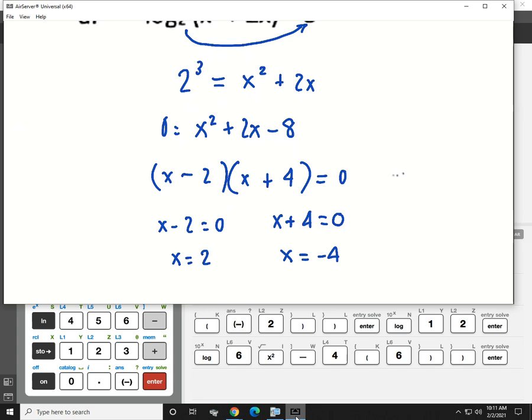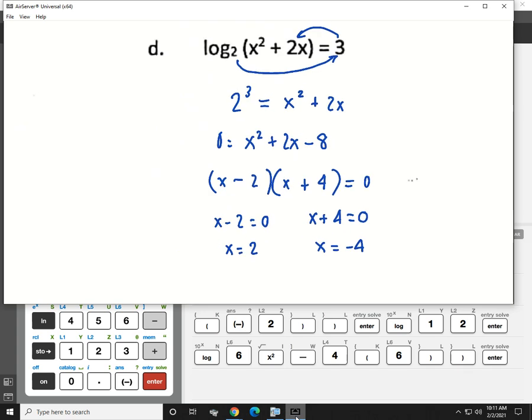Okay? Now, go to your calculator real quick, and let's plug them in. This time, can you use your common log button? No, it has a base of 2, so you have to use alpha window number 5, alpha window number 5, put 2 in your base, and now let's check the first value, 2.